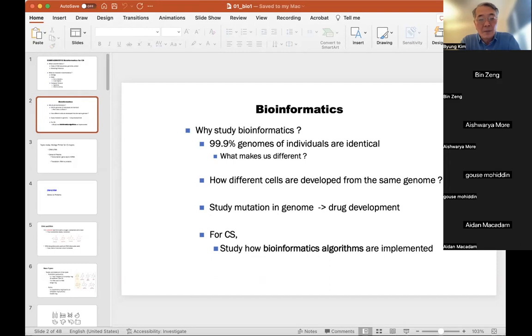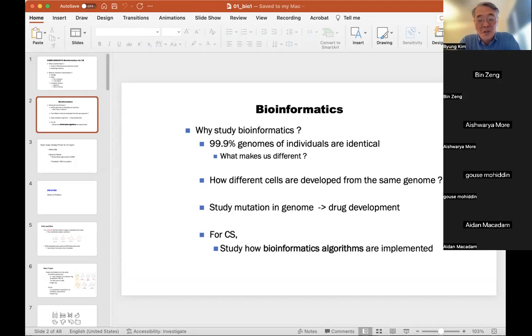So these are a few preambles. It turns out that the human genome was decoded over 10 years ago, 20 years ago, and practically all the genomes in individuals are identical except for 0.1%.